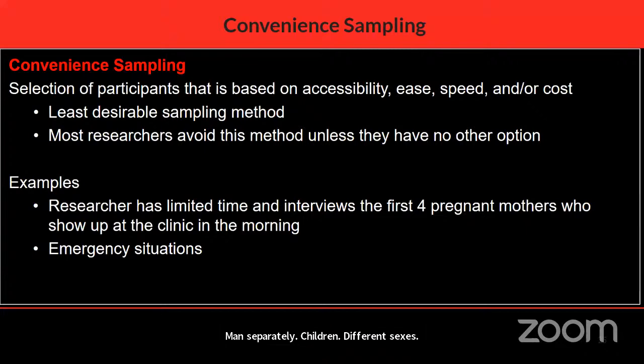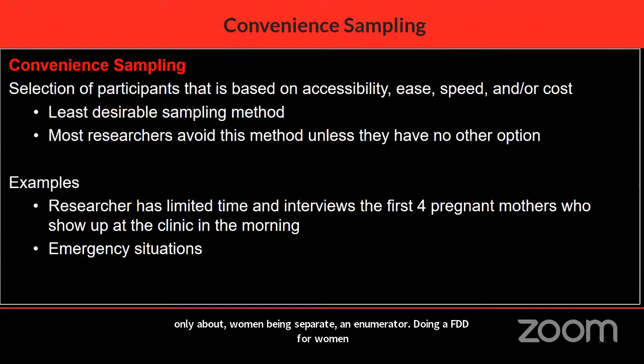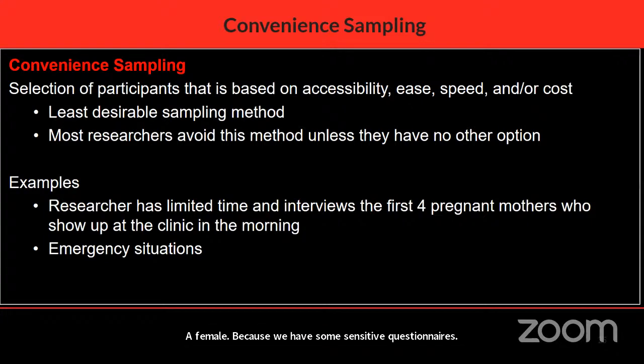Because if we are talking about something sensitive, not only should women be separate, an enumerator doing an FGD for women should also be female, because we have some sensitive questions that women may feel shy to answer if the enumerator is a man. So we advise that when conducting an FGD for women, the enumerator should also be a woman.